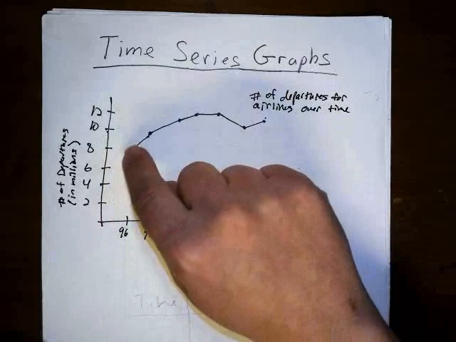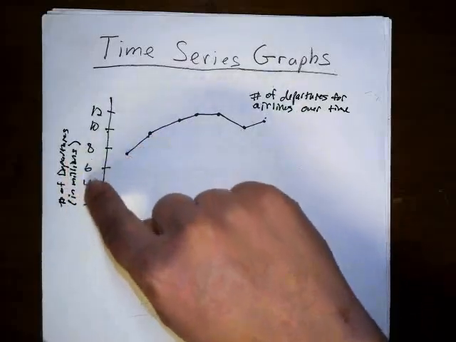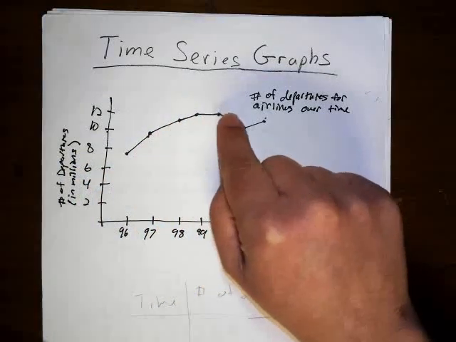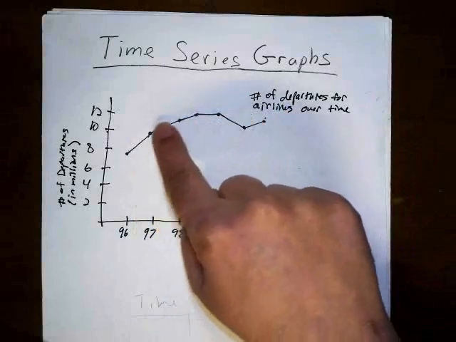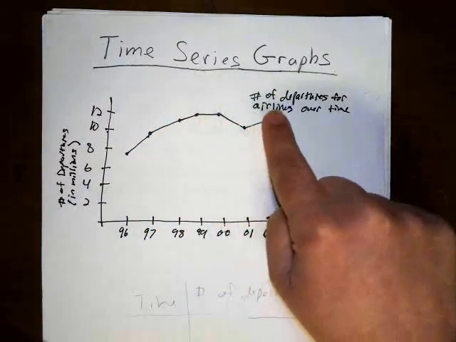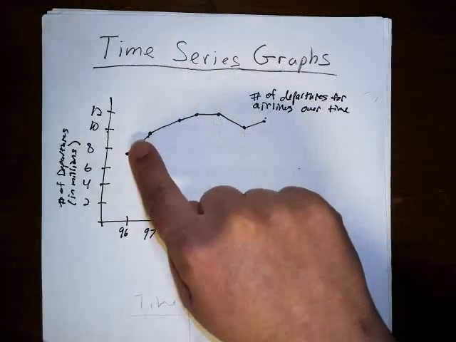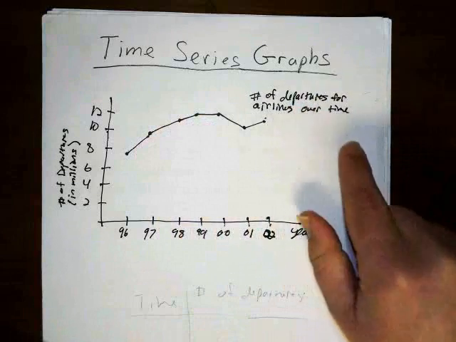So for each year, this is the number of airline departures. You plot the number of airline departures for each year, and then you can connect them up, and now the line is showing the trend in the data. You're seeing how that variable increases and decreases over time.